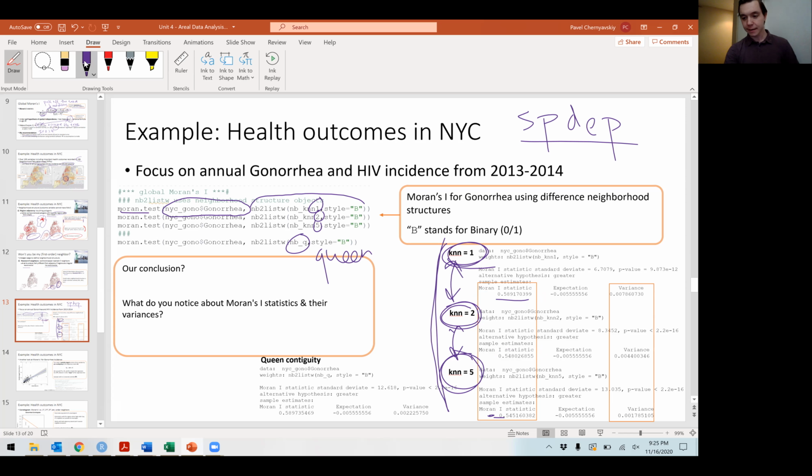On the other hand, the variance decreases, as variances tend to do when our sample size increases. As we introduce more neighbors, our variance diminishes. But our conclusion stays the same. There's strong spatial correlation.